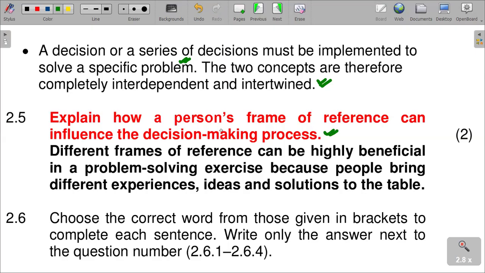Different frames of reference can be highly beneficial in a problem-solving exercise because people bring different experiences, ideas, and solutions to the table. So a person's frame of reference can influence the decision-making process because different frames of reference can be highly beneficial in a problem-solving process because people bring different experiences, ideas, and solutions to the problem.